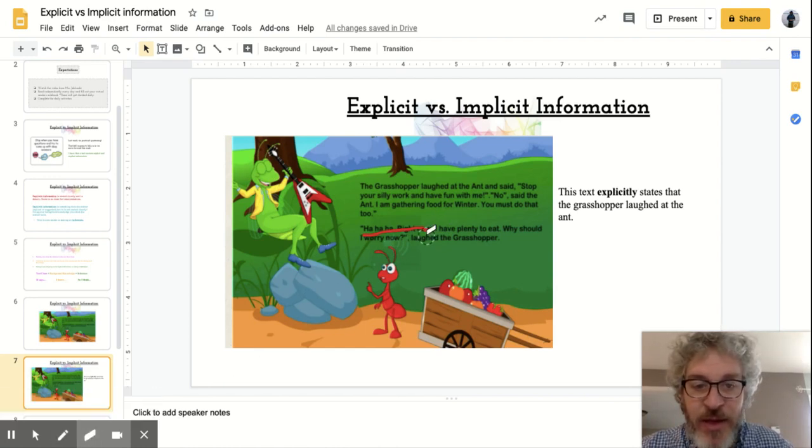We know that he is laughing right here. I can point to that in the text. That is explicit information. I know that the grasshopper laughed. And it also says it right here. We see ha ha ha, and then after it, it says laughed the grasshopper. That is explicit. It's stated right there. I can point to it using my eraser here.